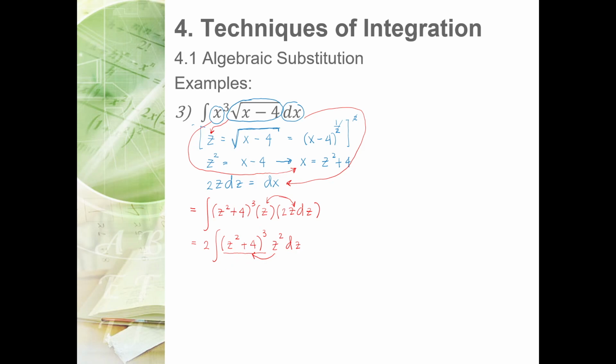If you don't recall, try to recall Pascal's triangle. Usually what we remember from algebra is a squared plus 2ab plus b squared. It's coming from Pascal's triangle as well. So in Pascal's triangle, one term is in descending order, the other term is in ascending order.